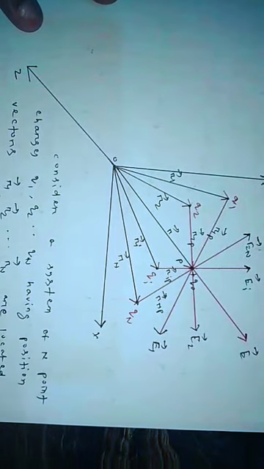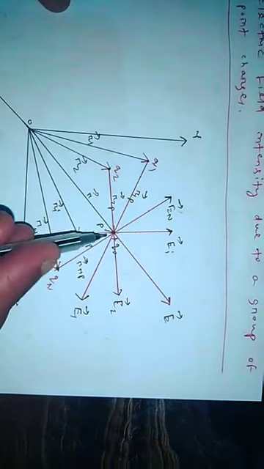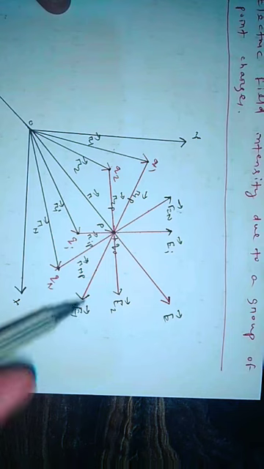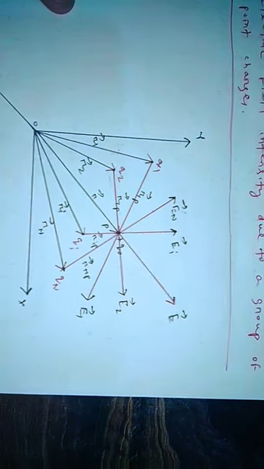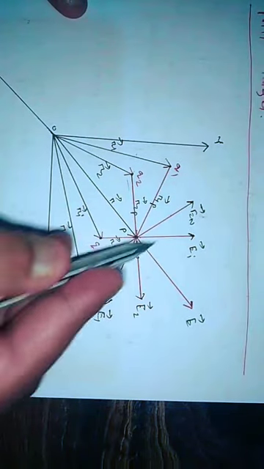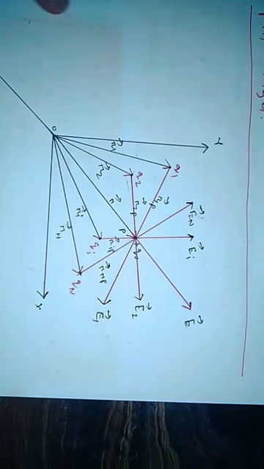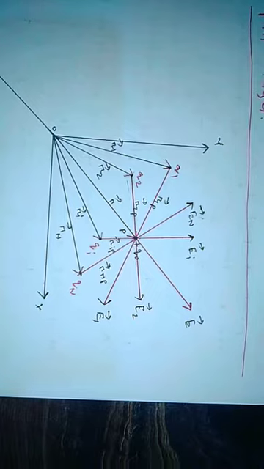So electric field intensity at point P due to charge Q1 is E1, and the electric field intensity at point P due to charge Q2 is E2.